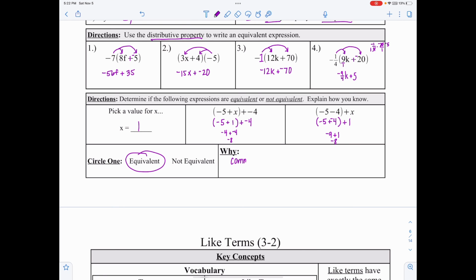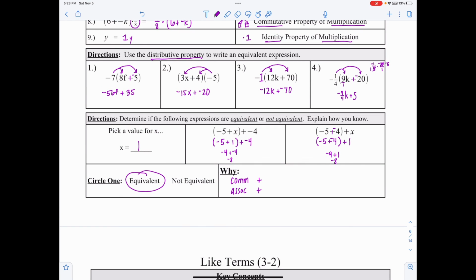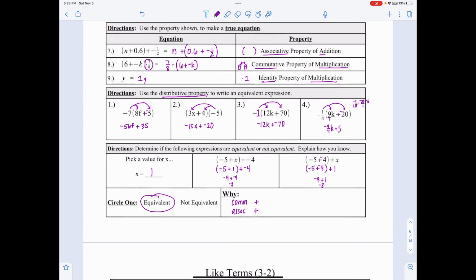So the commutative property of addition occurred. And then you can see the grouping change. So instead of negative 5 plus x, we have negative 5 plus a negative 4. Okay. And so we have the associative property of addition as well. Okay. So those are the reasons based on the properties why we already would know that they're the same.